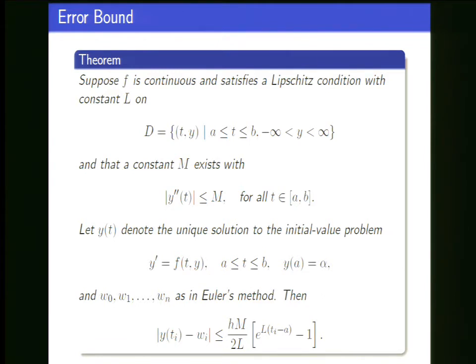y_{i+1} minus w_{i+1} equals, and here you get y_i minus w_i. So you see, this is kind of nice. This is what we will call the error if we put an absolute sign on it. But you don't have to do that yet. So I'm getting an equation that's telling you the error at the next step, given the error at the first step. But we have to keep on going. We're getting plus h, and then we're getting the jump in f's.